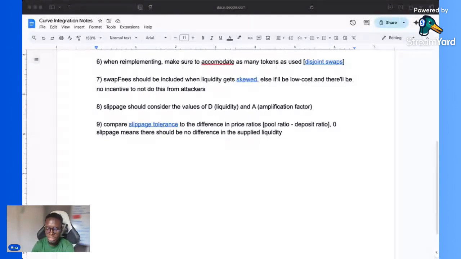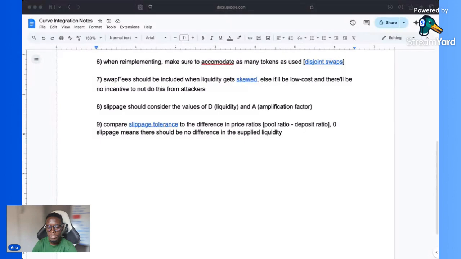So a practical example of this is in the Mantra DAO. Yes, Mantra DAO got to do an audit with Code Arena, and this finding was one of the high severity findings where the pool ratio and the deposit ratio were to be checked, but then the difference wasn't accounted for with slippage. So how this works is that when you make a deposit into the pool, when you get to adjust the pool value, the initial amount and the final amount are checked and put into a ratio.